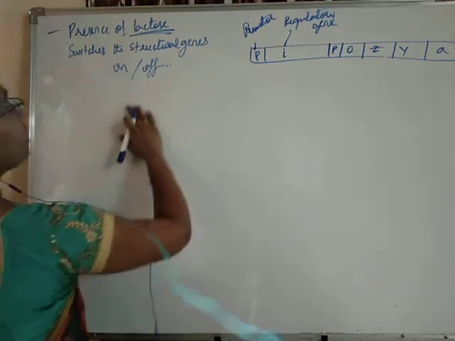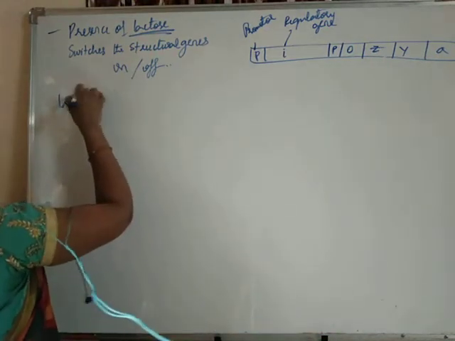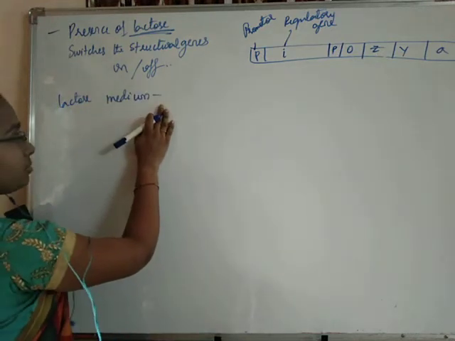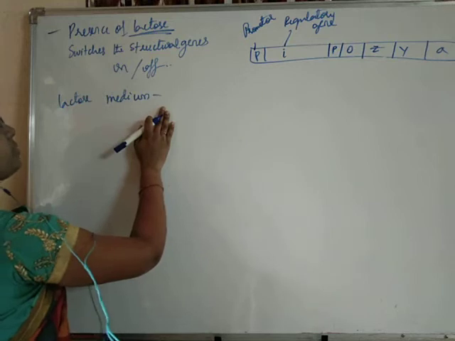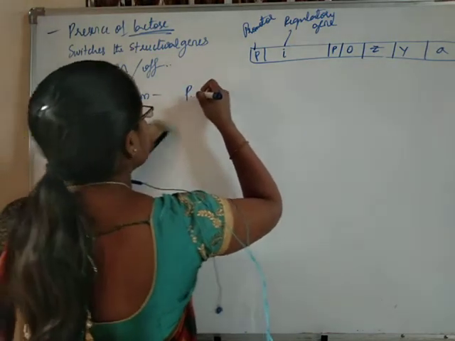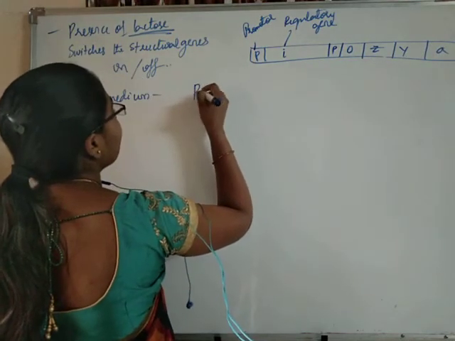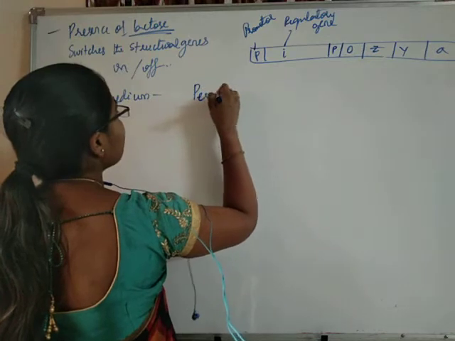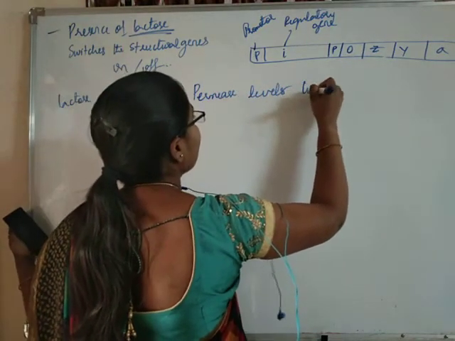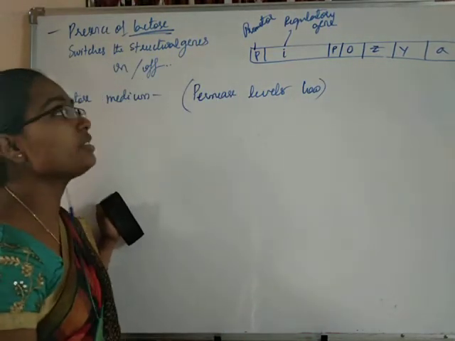Let us learn now. See students, when lactose is the medium for the organism into which it has been transferred, the levels of permease and other enzymes are very low.